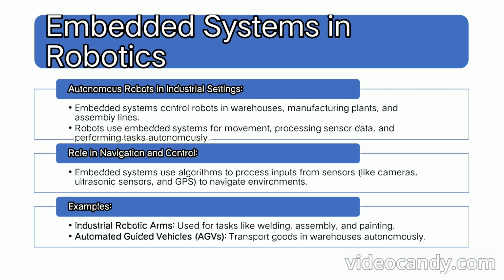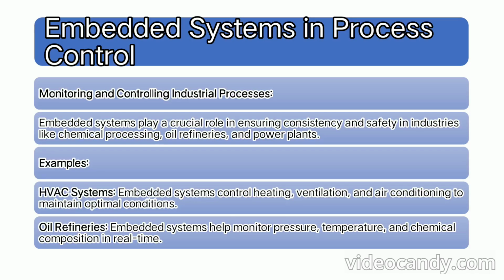Embedded systems' role in navigation and control: embedded systems use algorithms to process inputs from sensors like cameras, ultrasonic sensors, and GPS to navigate the environment. Embedded systems control robots in warehouses, manufacturing plants, and assembly lines. Robots use embedded systems for movement, processing sensor data, and performing tasks automatically.